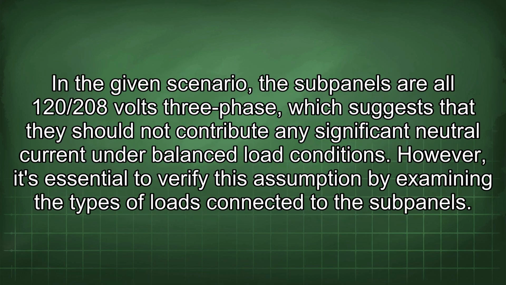In the given scenario, the subpanels are all 120/208 volts three-phase, which suggests that they should not contribute any significant neutral current under balanced load conditions. However, it's essential to verify this assumption by examining the types of loads connected to the subpanels.